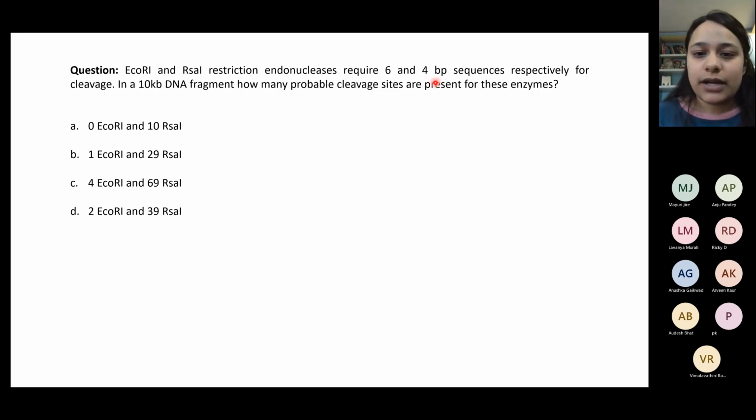So EcoRI requires a 6 base pair sequence and okay, I'm not visible again, Ricky. Yes. Okay, just a moment.